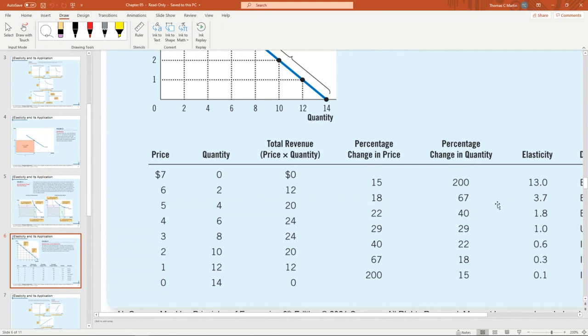But this still works. And we can tell that the elasticity of demand is greater than 1, because as we move from left to right on the demand curve on the quantity axis, we can see that our total revenue is increasing. And it continues to increase at 4 to 6, but at 3 to 8, we see it level off.